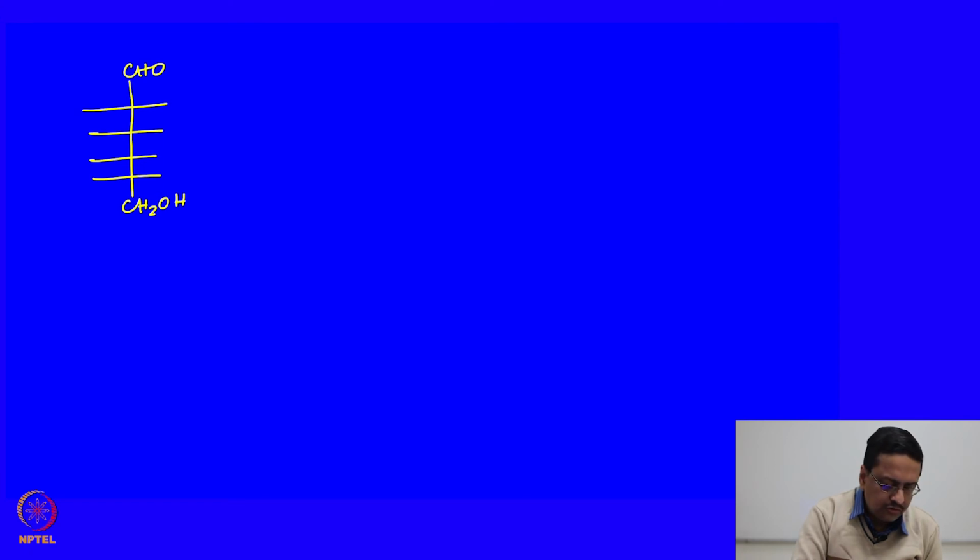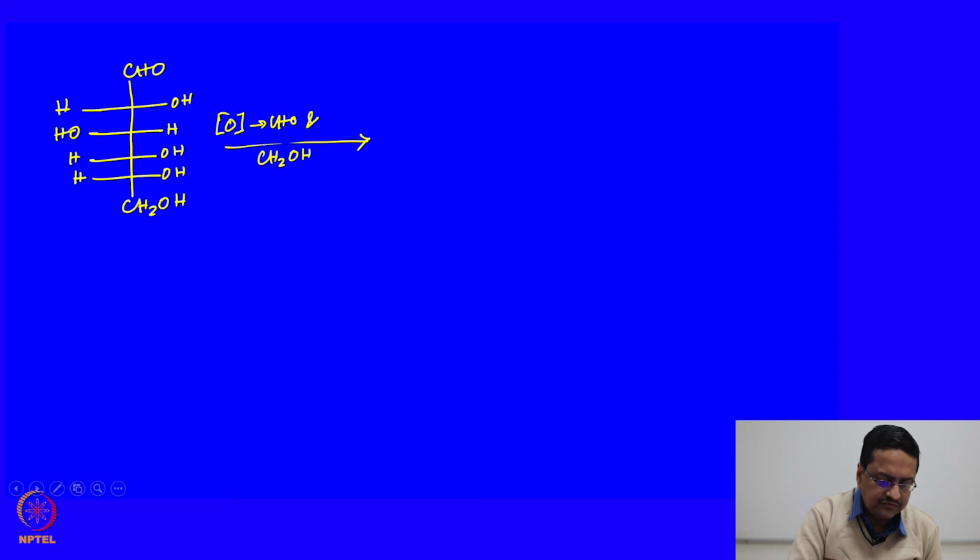So, if we have CHO, which is the starting point of this reaction, CH2OH, and we have OH, OH, H and OH, and here H, OH, H and H. What we are trying to do is oxidize the CHO and CH2OH groups simultaneously.